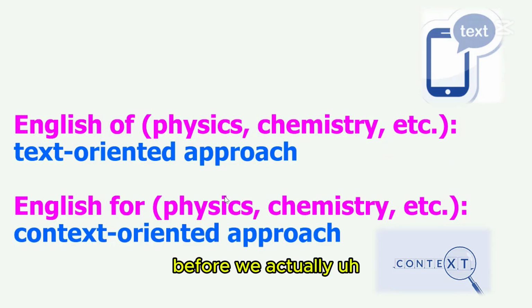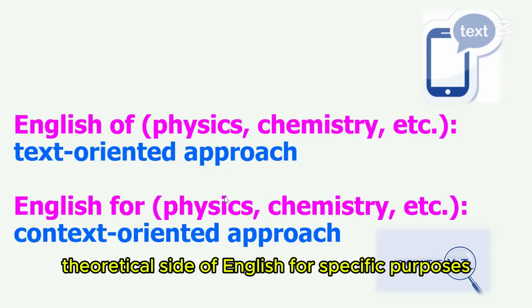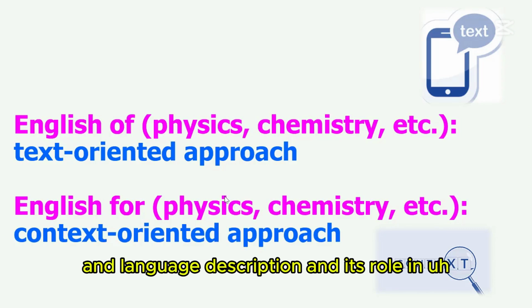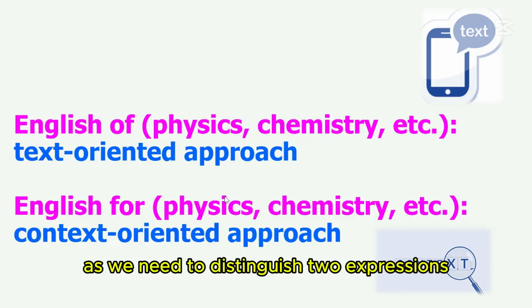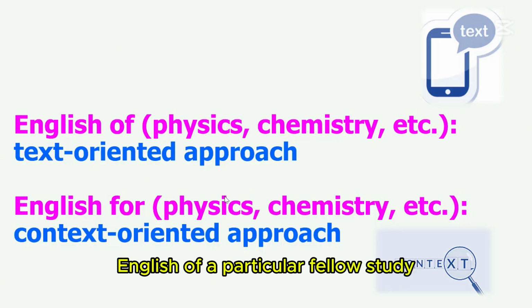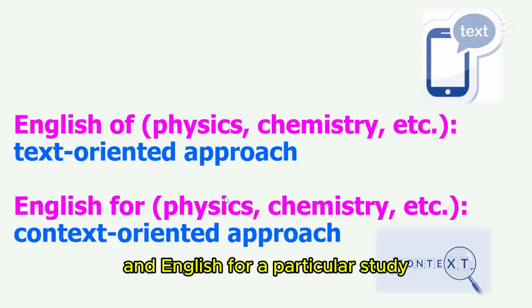Before we move to the theoretical side of English for specific purposes and language description and its role in developing, let's say, courses for specific purposes, we need to distinguish two expressions: English of a particular field of study and English for a particular study.